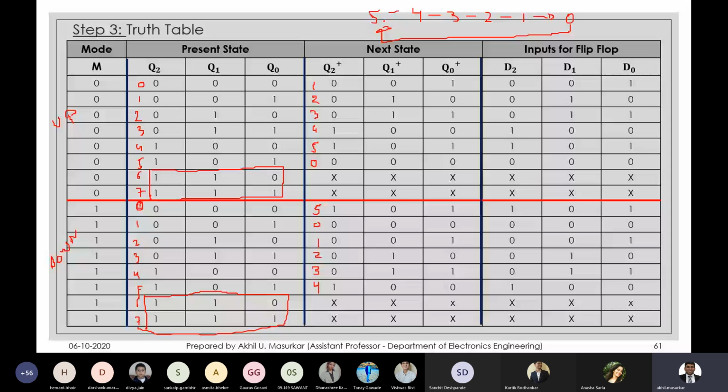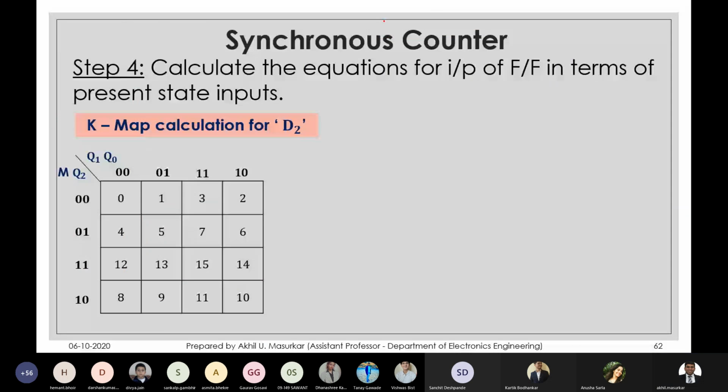So I'm going to the K-map of the first one, that is D2. These are zeros. It's a 4 variable K-map and your D2 will be filled like this.